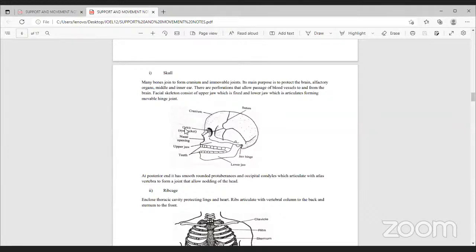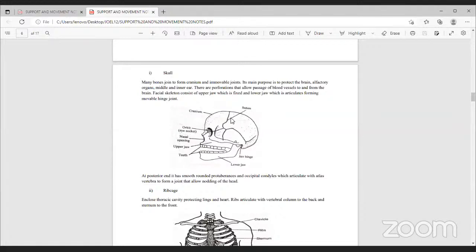For example, that cranium is made up of so many bones that are fused together to form an immovable joint that is called the suture. This cranium here, you can see we have a suture somewhere. That is just one that has been indicated.